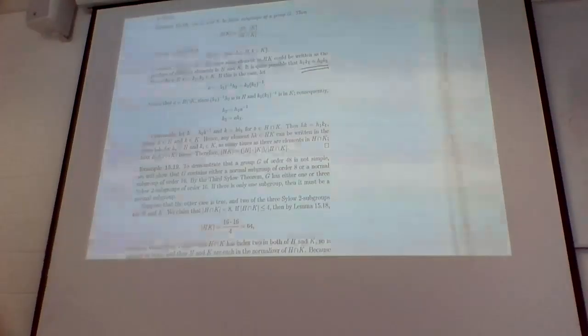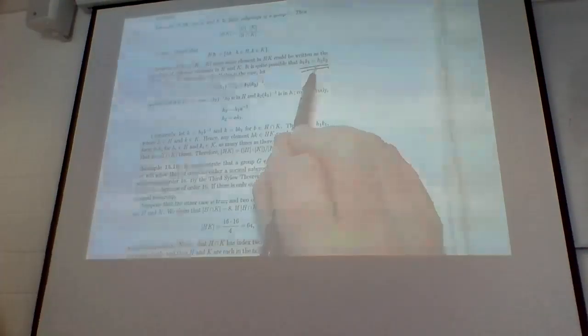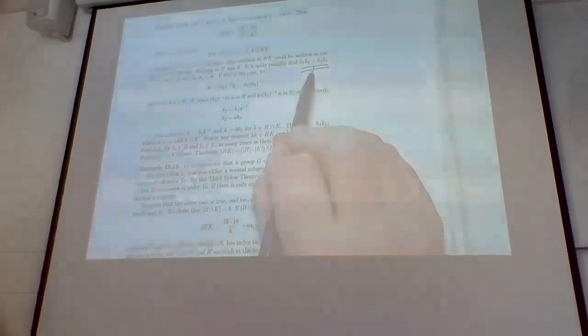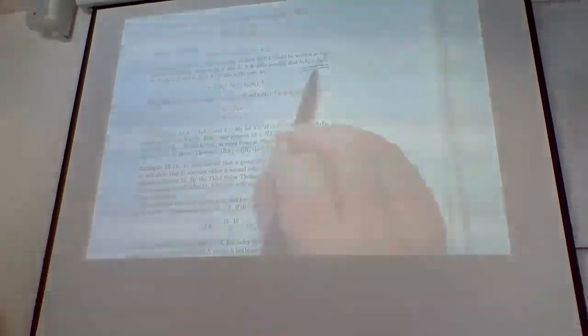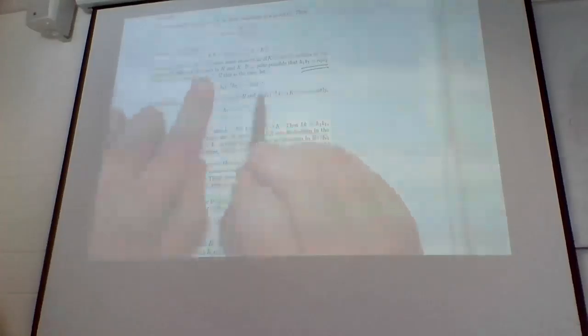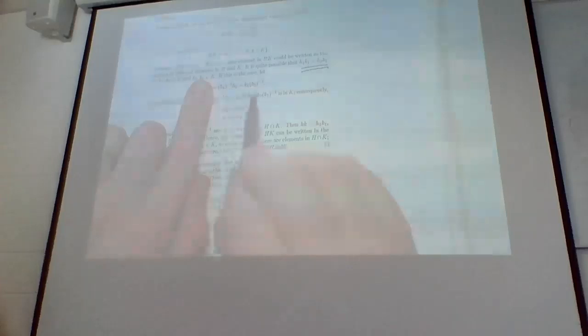So if this is the case, then, well, you just reorganize this equation. Multiply both sides on the left by h1 inverse, and multiply both sides on the right by k2 inverse. So then you get this equation. This equals this.